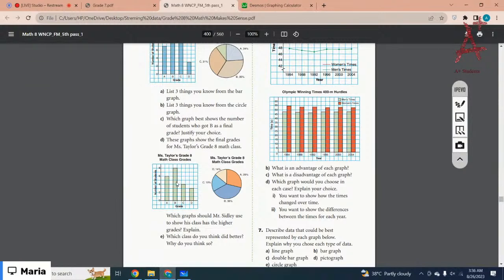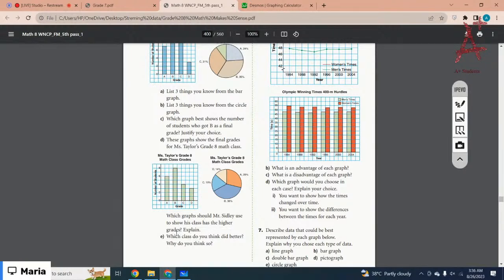The bar graph is the good one, right? Because the bar graph shows the actual number of students, right? And you can see here more students got A and B than C or D.